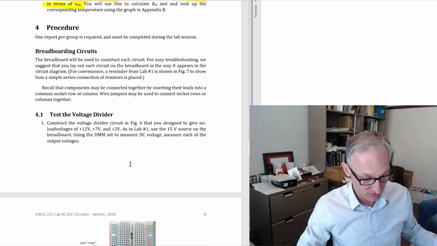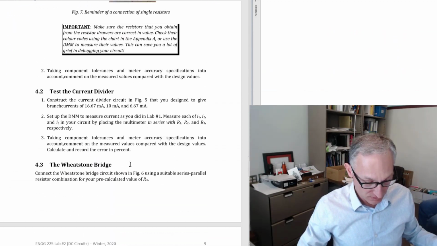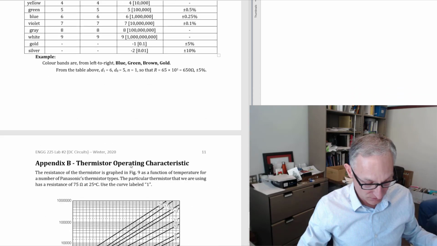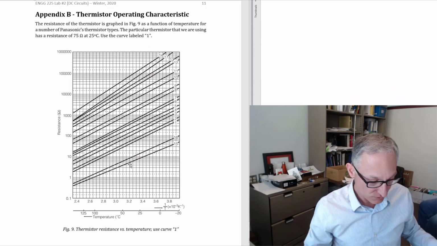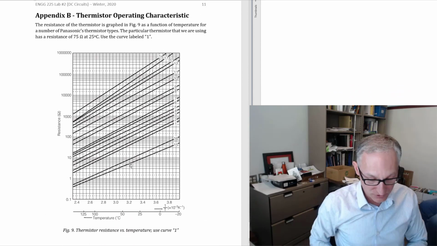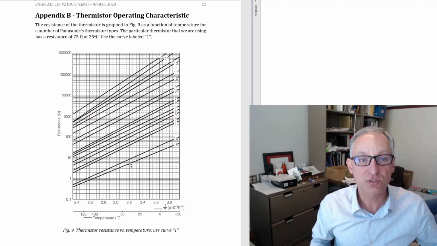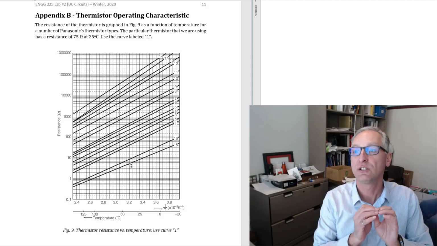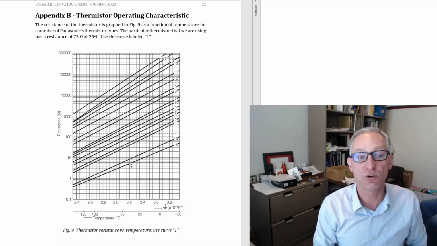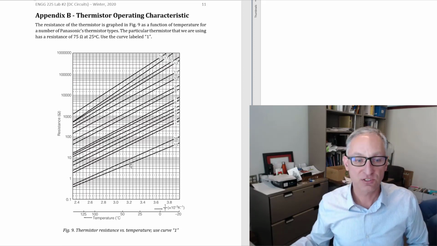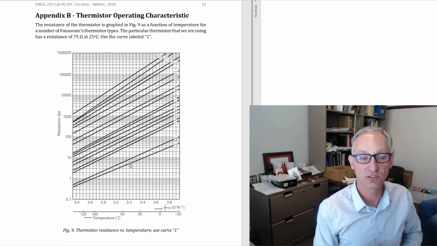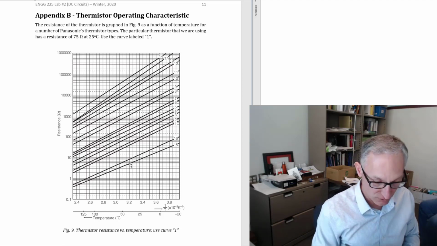This is the tricky part. I'm going to jump down into here. So now we are using a thermistor whose operation is defined by this graph that you see here. This is a graph that's a little bit difficult to interpret.